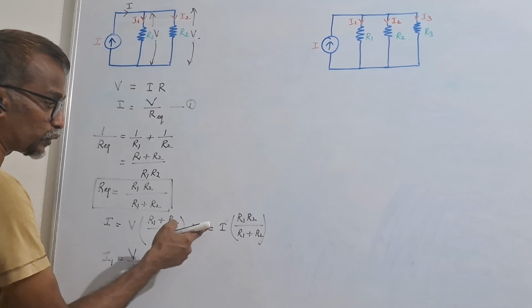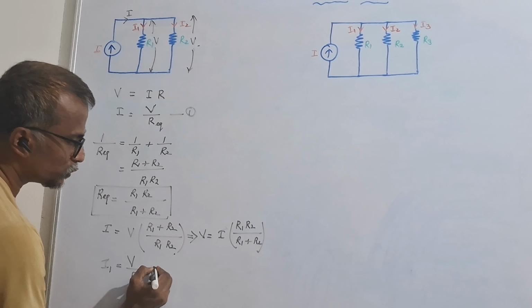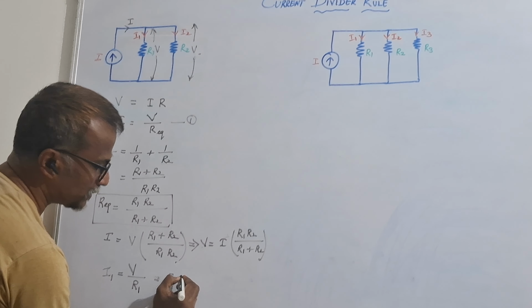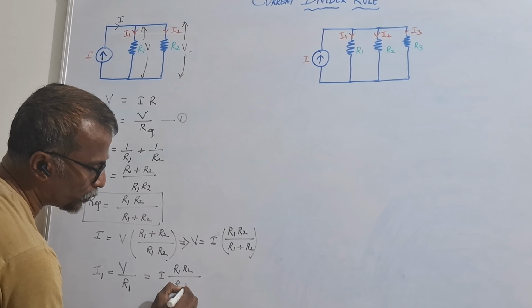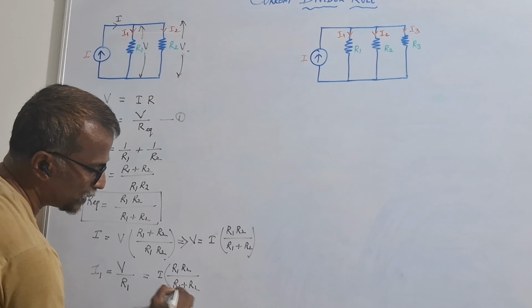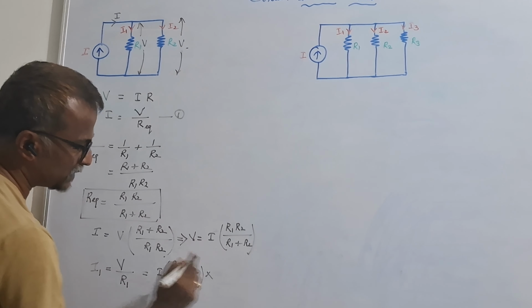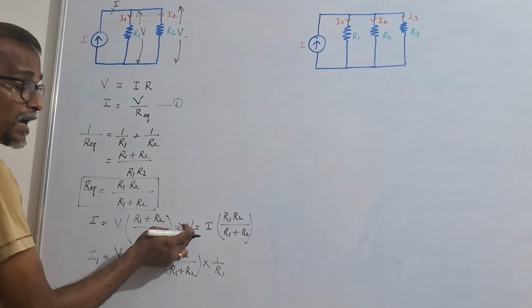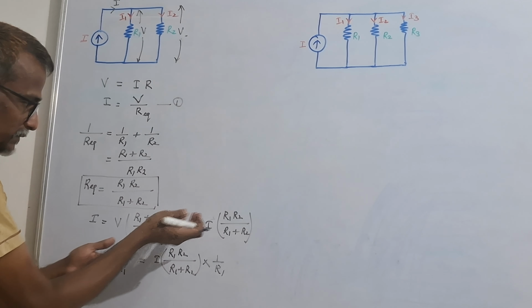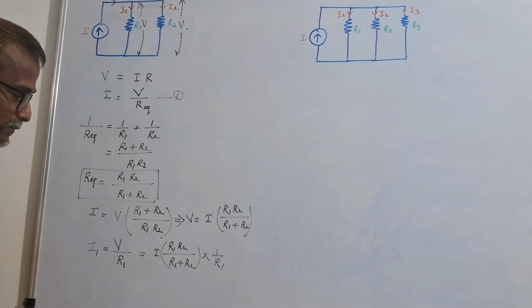So we can substitute this voltage here: I into R1 R2 divided by R1 plus R2, into 1 by R1. I hope you understand. From the earlier equation I calculated V, and I have substituted that V here.